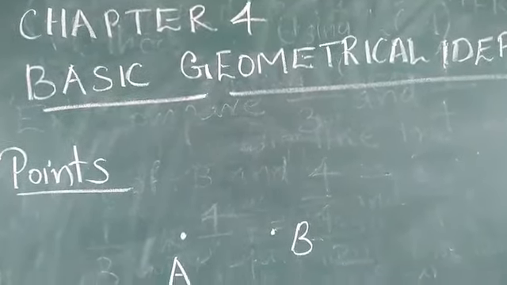We found line segment has 2 endpoints, but here line has no endpoint. It is extending in the left direction and in the right direction. So we can't define its endpoint. While we extend a line segment, we will get a line.